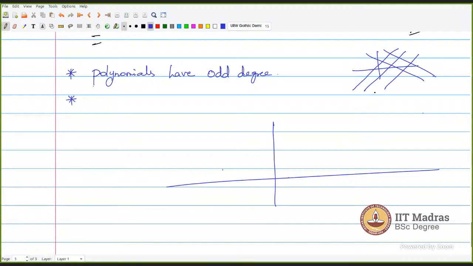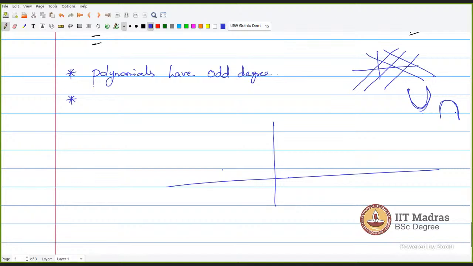When we come to quadratic equations, we have 2 cases: either an upward parabola or a downward parabola, depending upon the coefficient of the highest degree. If it is greater than 0, you will have an upward parabola; if less than 0, a downward parabola. So in straight lines and parabolas, you only have 2 cases.